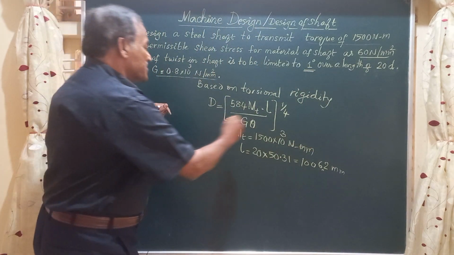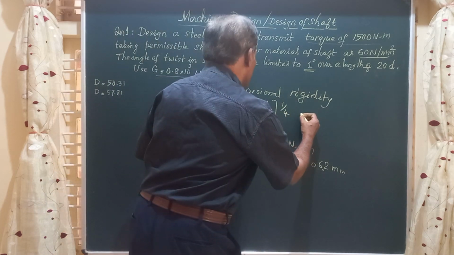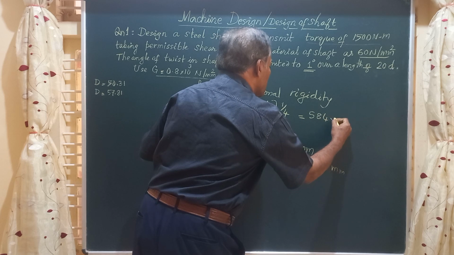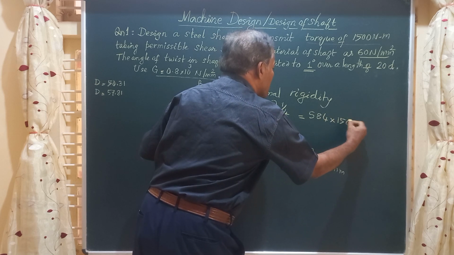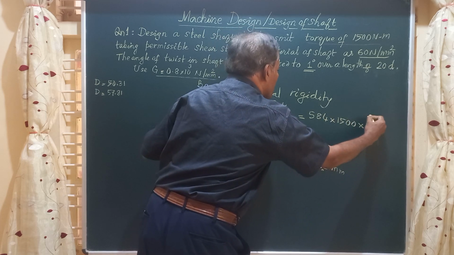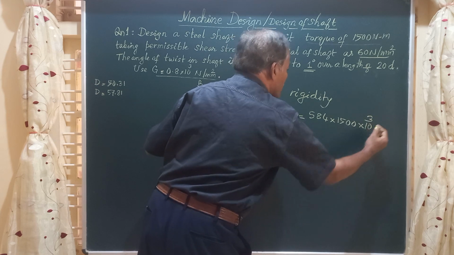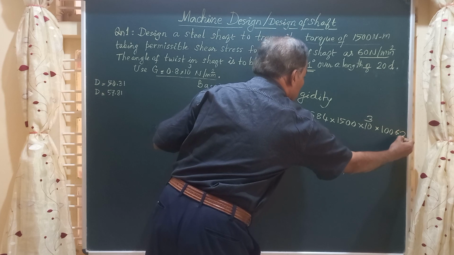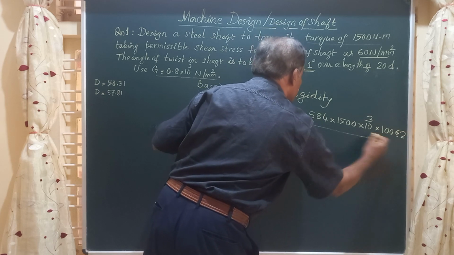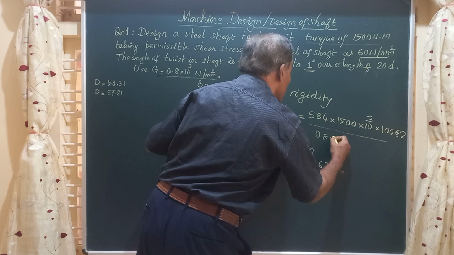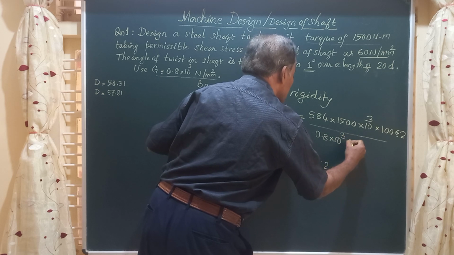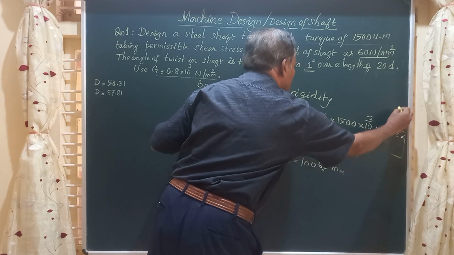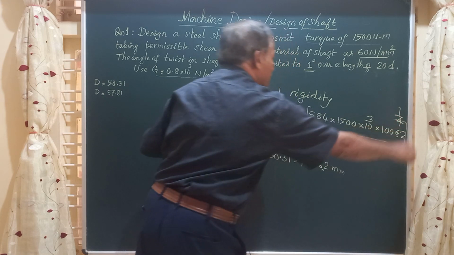So friends, if you make the substitution here, you get D is equal to 584 into MT 1500 into 10 to the power of 3 into length is 1006.2 divided by G theta. 0.8 into 10 to the power of 3 is G, theta is 1. Everything, the whole quantity raised to the power of 1 by 4.